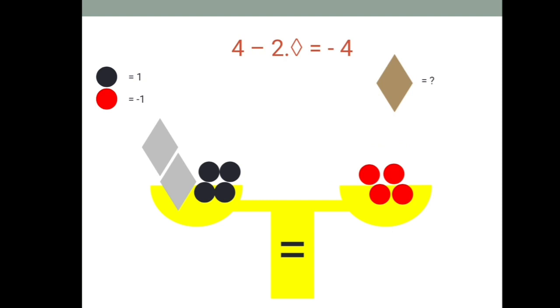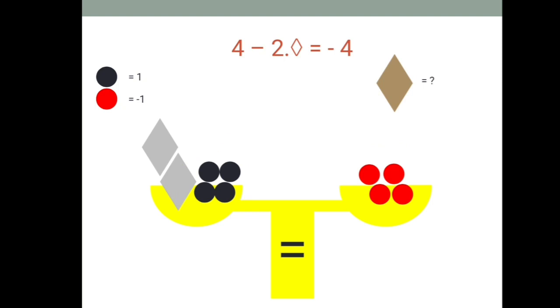If we want to form the equation like that, then what do we do with the 4 black balls in here? Good. We have to make the 4 black balls become 0, or make them disappear.